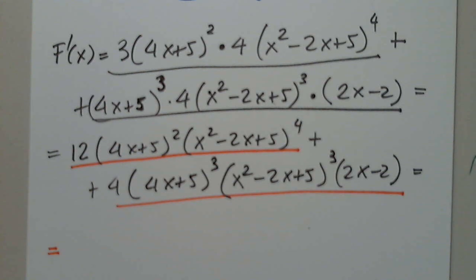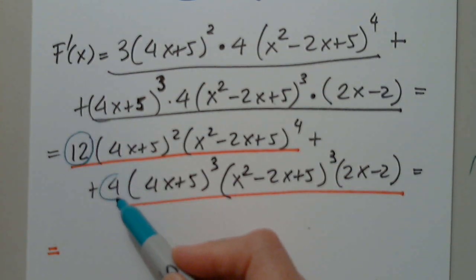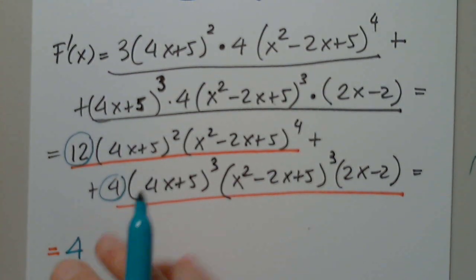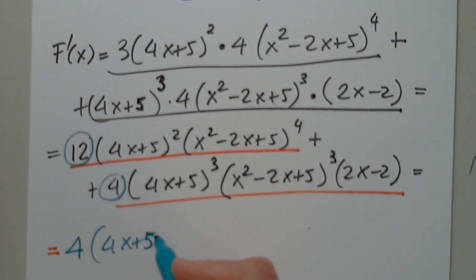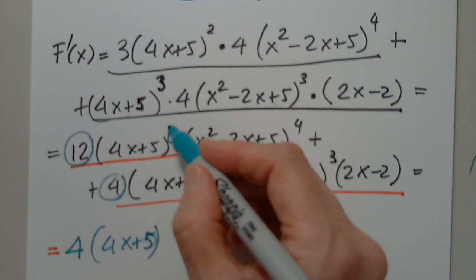Can anyone tell me what they see? From the 12 and the 4, I have a 4. Perfect. You also said 4x plus 5, but I have to choose the power.